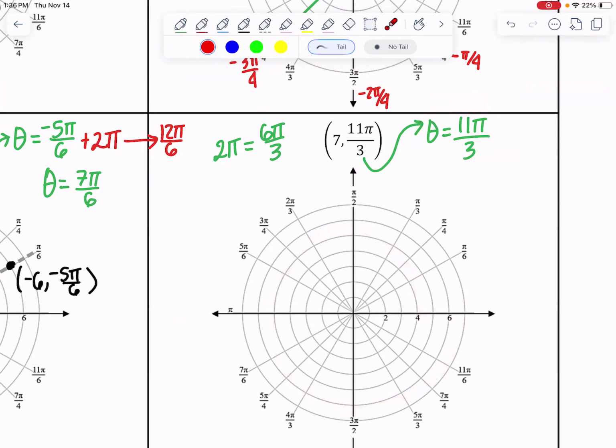And you're totally welcome to start counting where this would be without changing the angle at all. But again, sometimes adjusting that angle makes it easier. I'm going to subtract 2 pi from 11 pi over 3, and that'll give me an angle in that first revolution. So this would be 11 pi minus 6 pi, which will be 5 pi over 3.